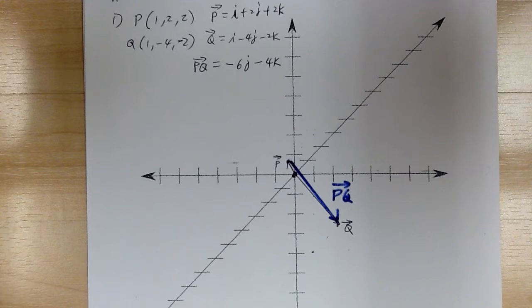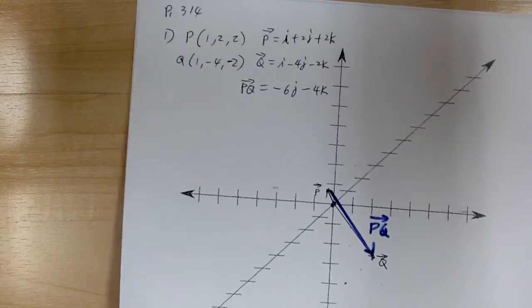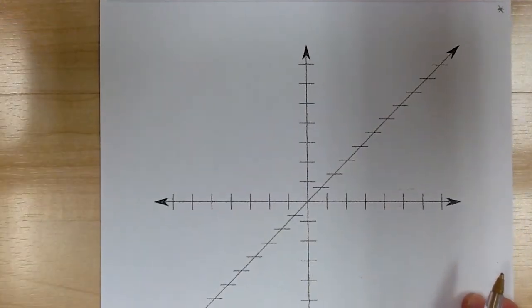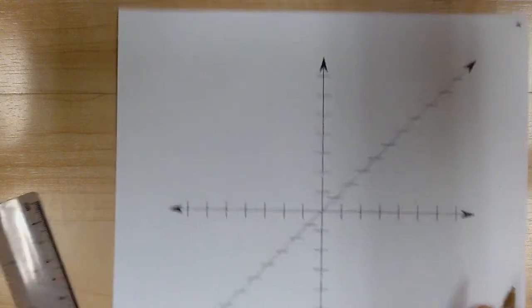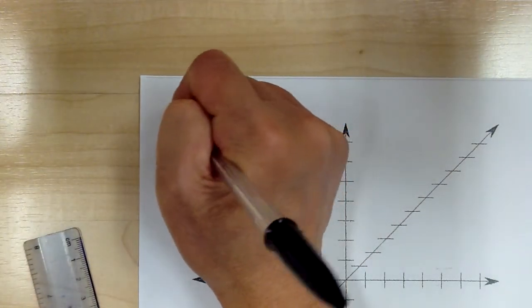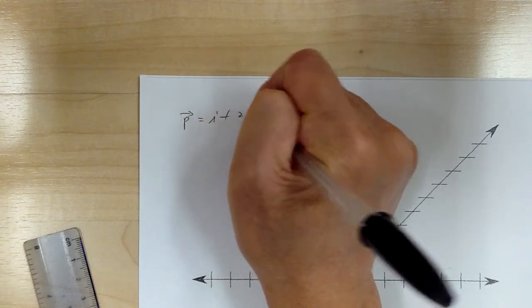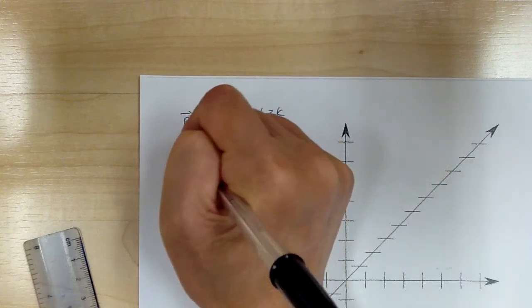And then next one, you're looking for P plus Q. Okay, so for the P plus Q, I'm going to use the other graph. So vector P is i plus 2j plus 2k.